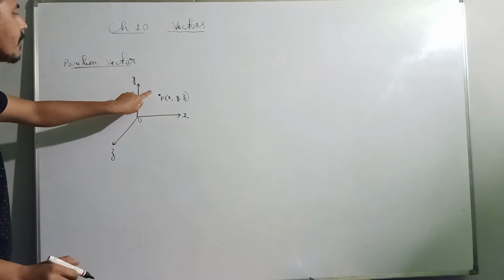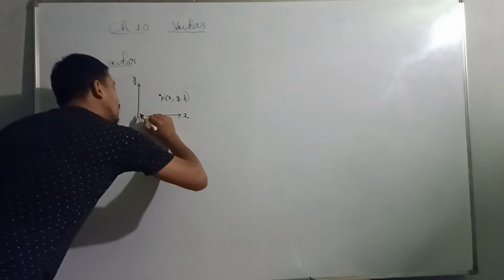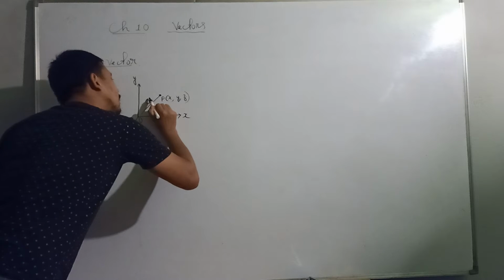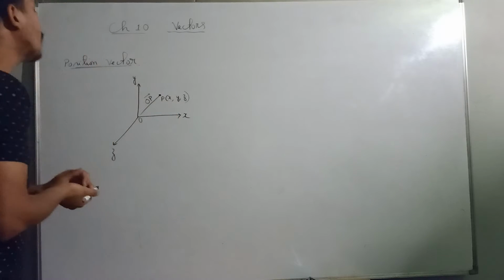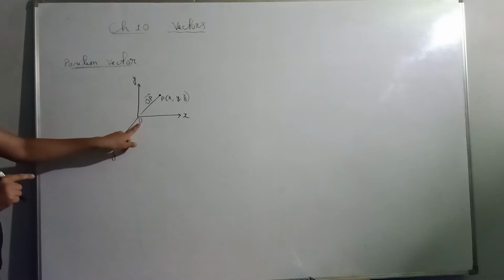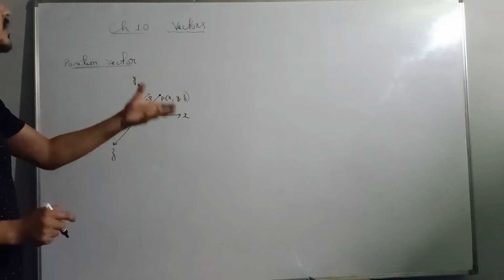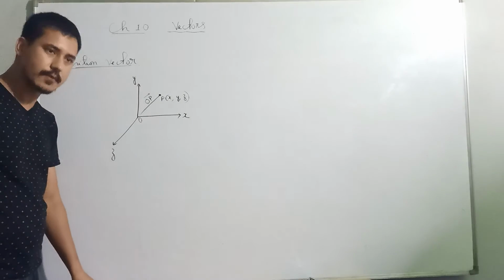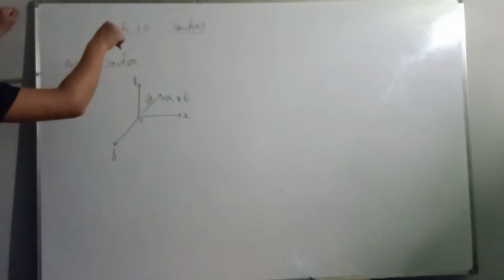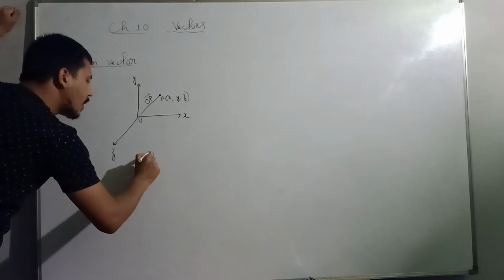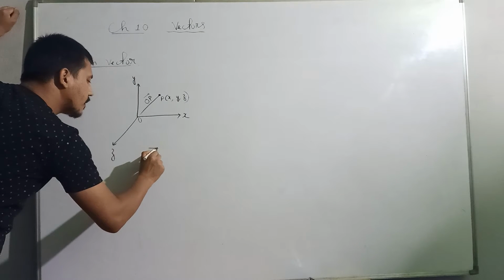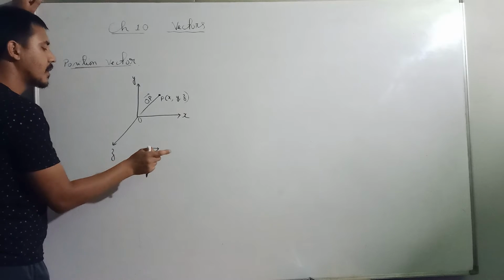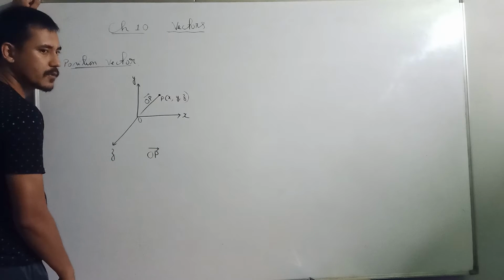So the position vector of point P will be denoted by vector OP, where O is your initial position and P is the terminal position.